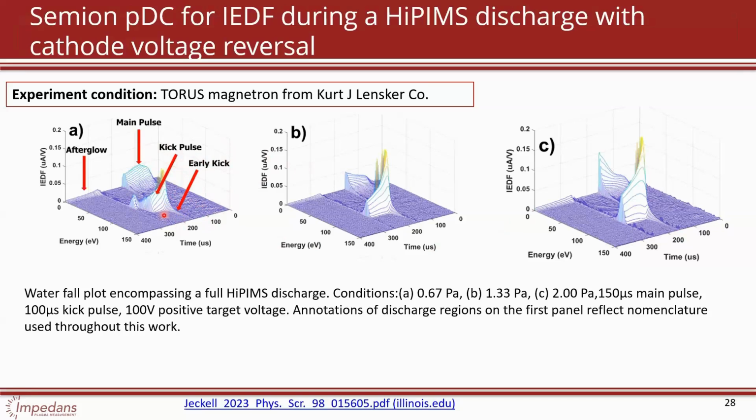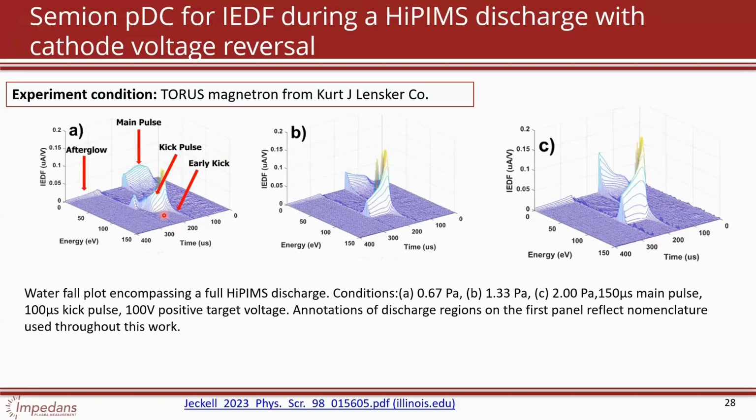So with HiPIMS, you don't just necessarily fully apply a large negative bias in order to attract in ions. In the moment after that, you can apply a positive voltage for a short amount of time to then kick away all the ionized particles that you care about.